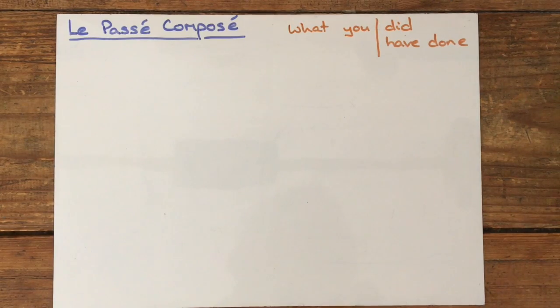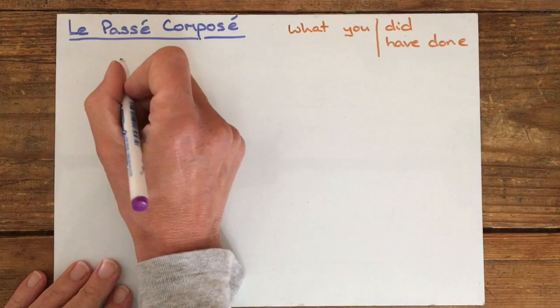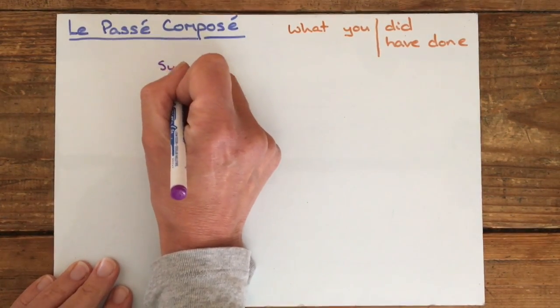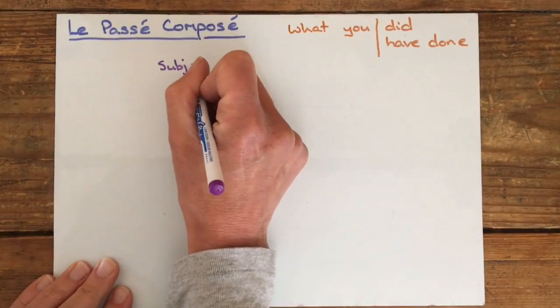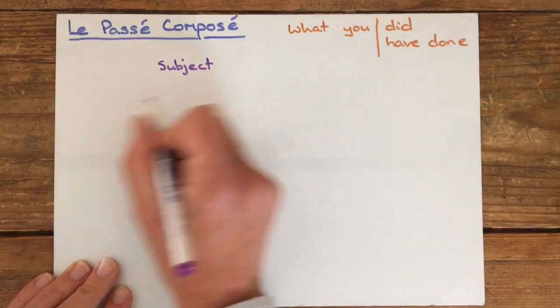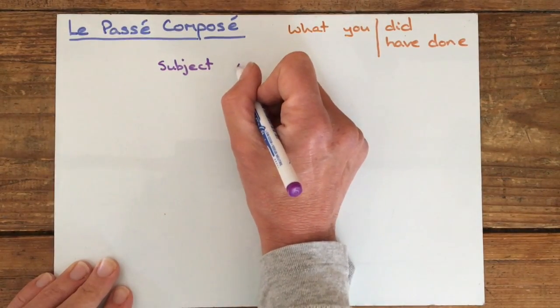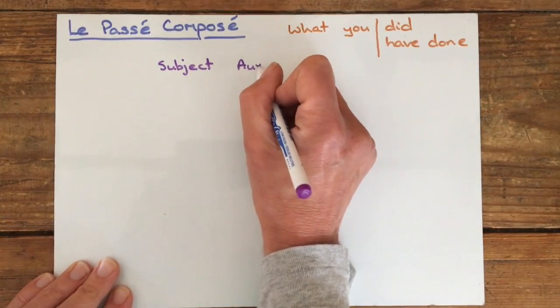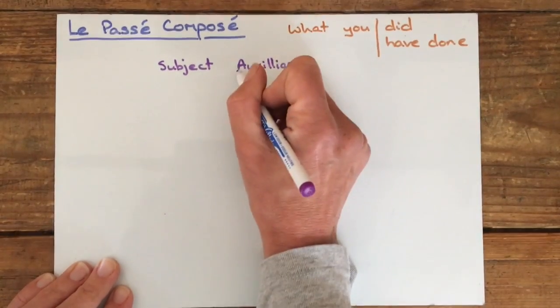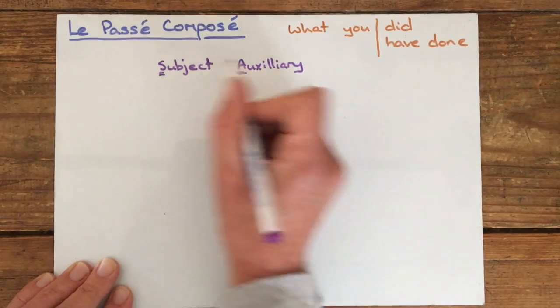So let's start off then with how we're going to form it. The first thing you're going to need is a subject. That's the I, you, he, she, whoever it is who is doing the verb. After that, you have your auxiliary. This is your helping verb. The have.